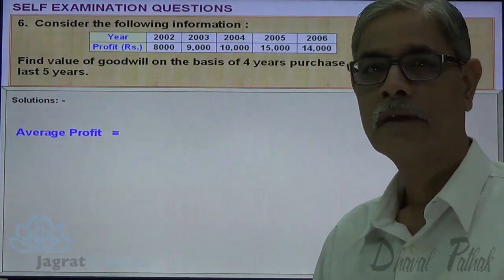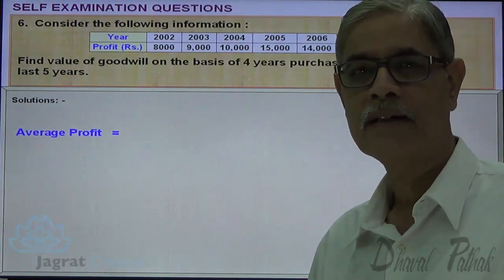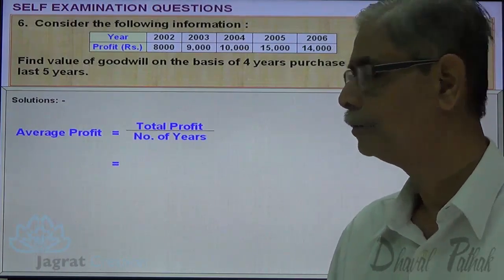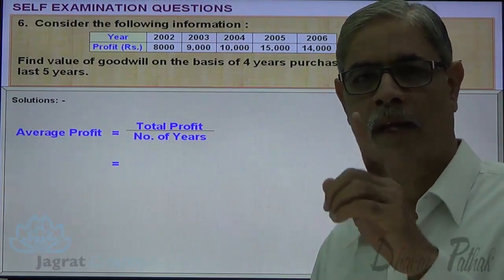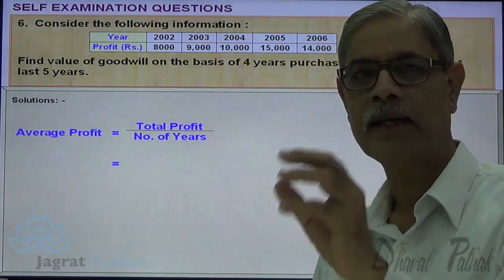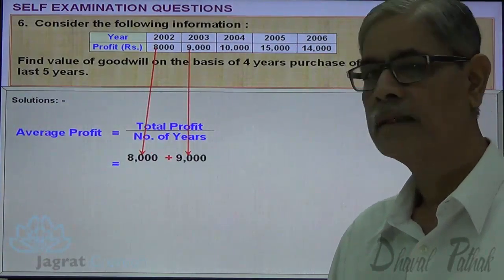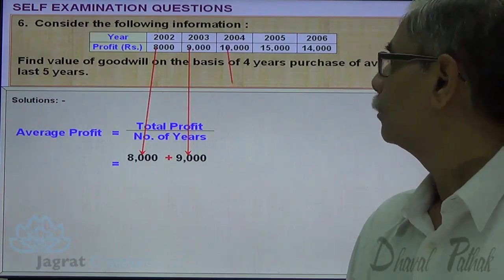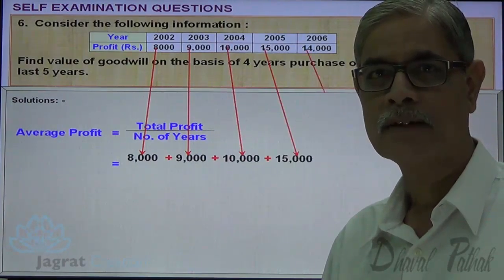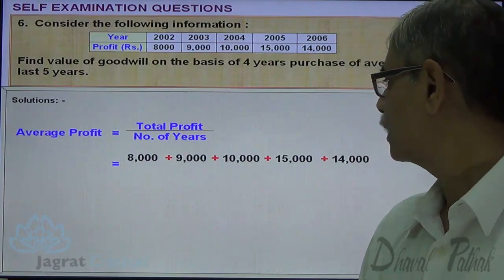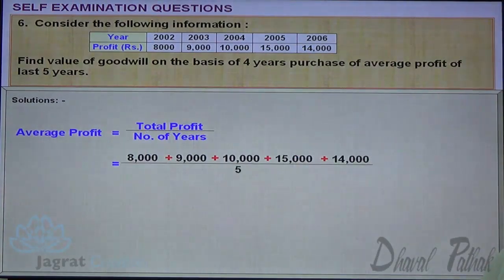Now you have to work out which average? Simple average. In simple average, the average is worked out without assigning weights. So here 8,000 plus 9,000 plus 10,000 plus 15,000 plus 14,000 divided by number of years 5.